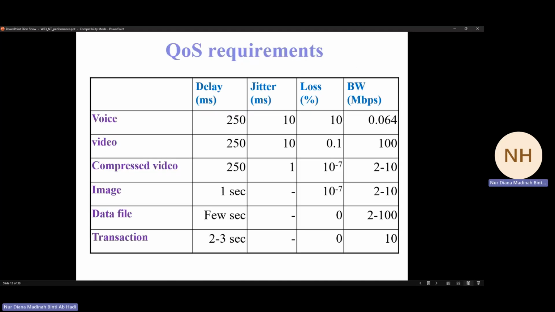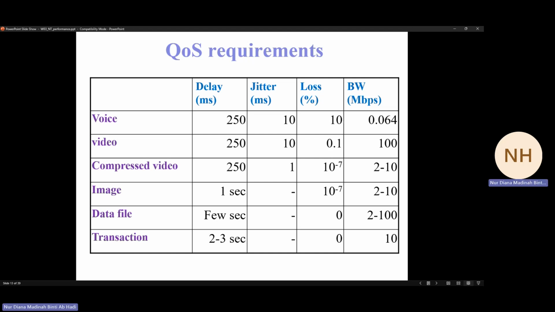So, QoS requirements. Different applications will have different quality of service requirements. Later I want you to find out what actually delay, jitter, loss, and bandwidth are. All of these are different.